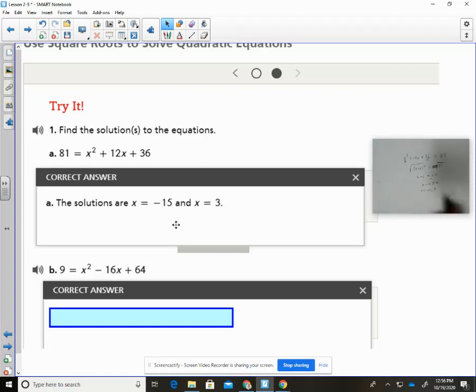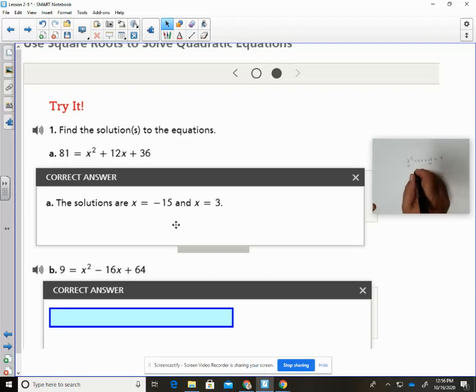Okay? So if you want to try B, pause it and go ahead and try B, but I'm going to work it out here. So we got x squared minus 16x plus 64 equals 9. Again, you got 8 being squared, x being squared, 8 times x is 8x, 2 times that's 16, right?